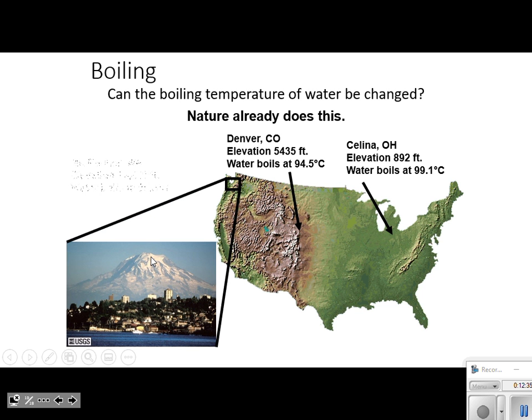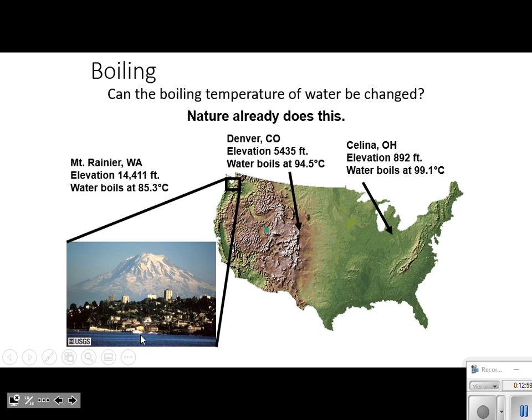So this is Mount Rainier, Washington. The elevation is 14,411 feet, and the water boils at 85.3 degrees Celsius. So if I'm up at the top of the mountain, I'm getting my water to boil at 85.3.